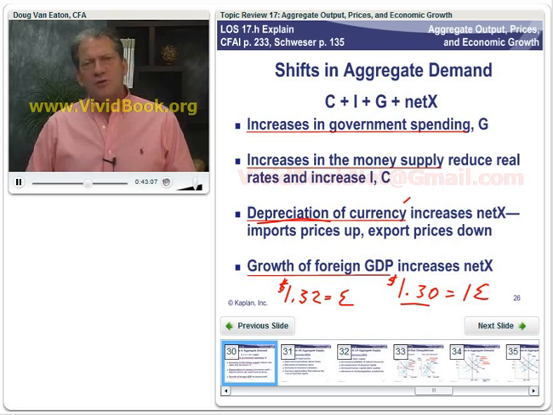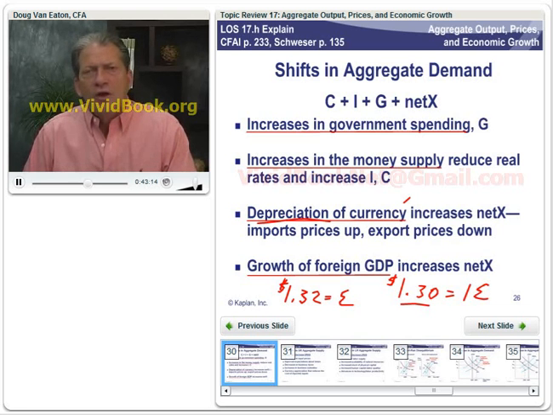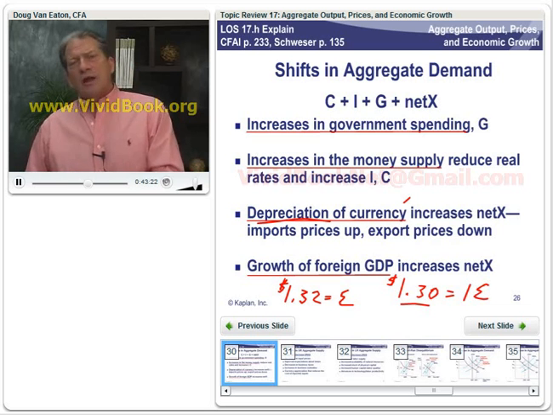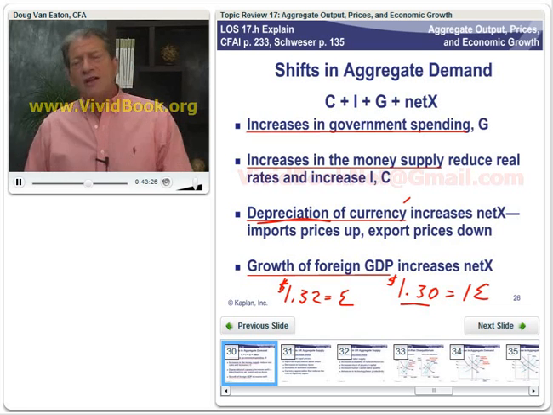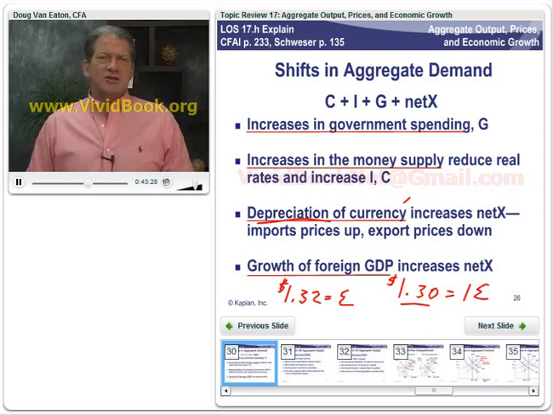After the depreciation of the exchange rate, it's going to cost $132. So imports are now looking more expensive in US dollar terms to US consumers. But to consumers in Euroland or the Eurozone, US goods prices are now less in euros.